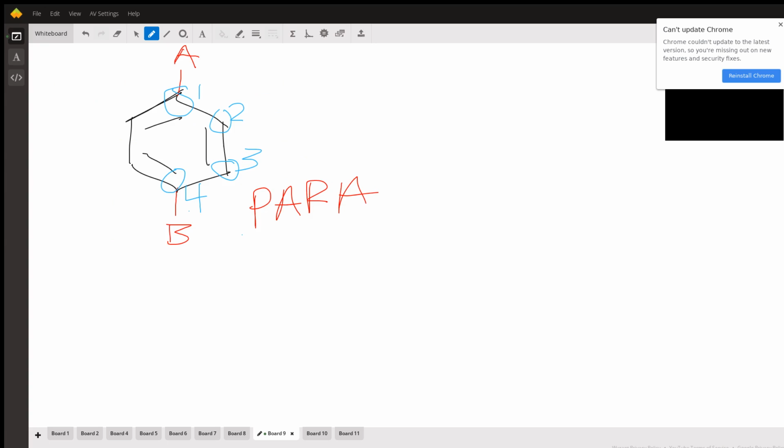Notice in all three of these positions, you have a benzene ring, a cyclohexane ring that is conjugated, aromatic. All these concepts are about positions around a benzene ring in orientation to each other.